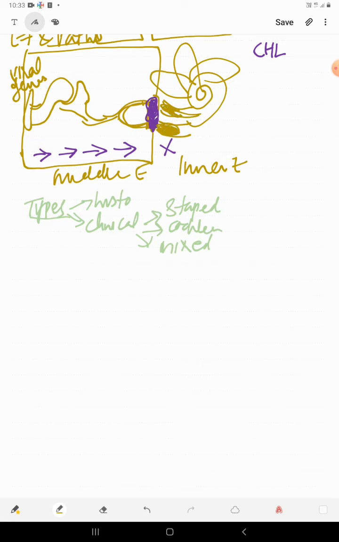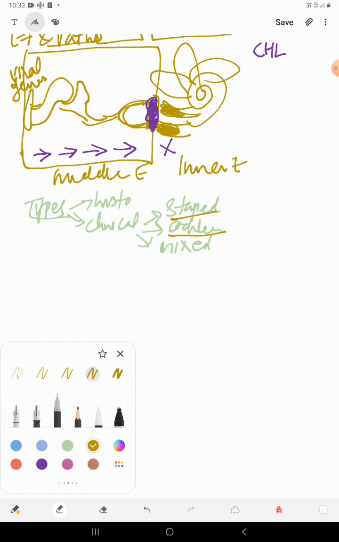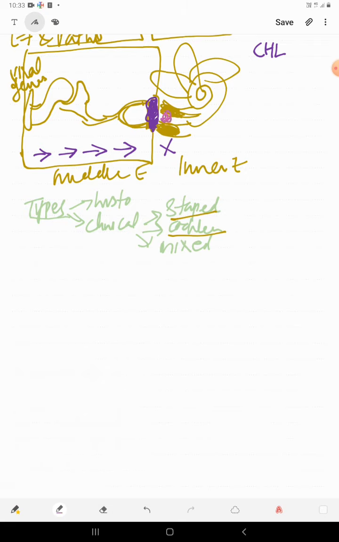In the middle you have the membranous labyrinth. So in the first case there will be involvement of the stapes, as the name says, plus ankylosis in the membranous labyrinth. In the cochlear, the otosclerosis is actually encroaching or involving the membranous labyrinth. In mixed, both are getting involved.